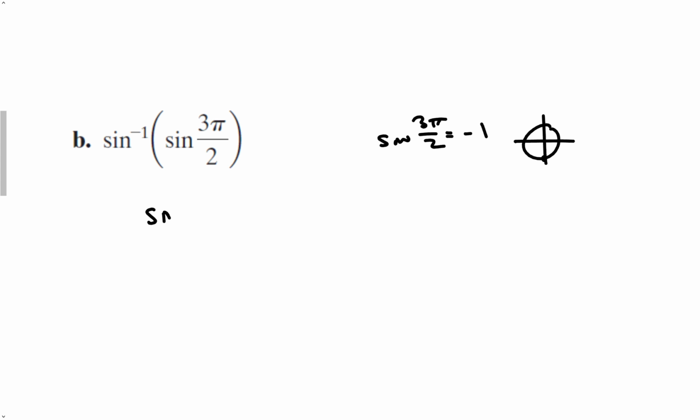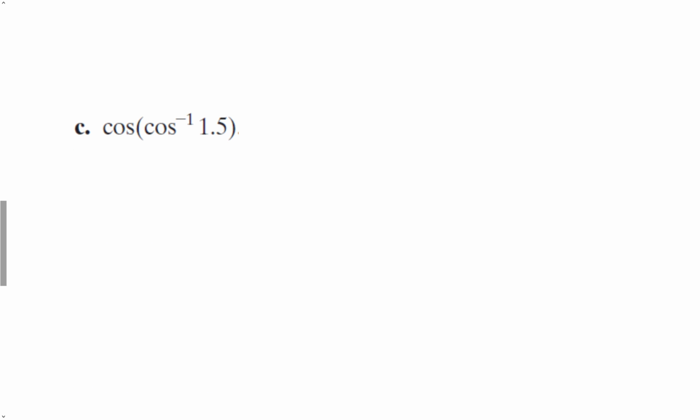So now we're looking for the inverse sine of -1, which is the angle whose sine is -1, which is -π/2. So these two do not match, but the answer to this is -π/2. This is undefined. It's too big. Try it on a calculator. It's going to spit out an answer that says it's undefined.